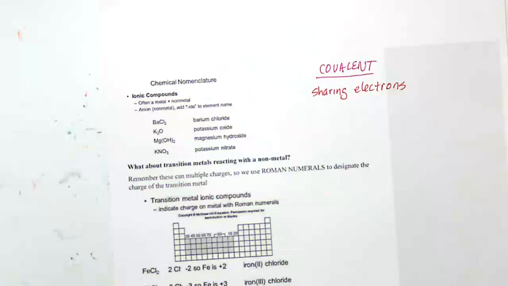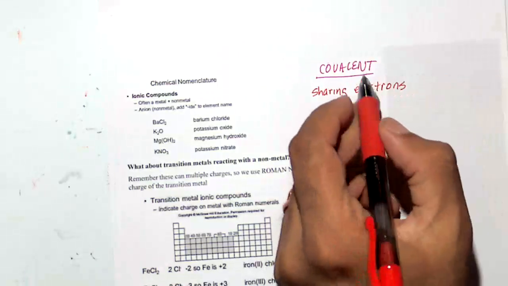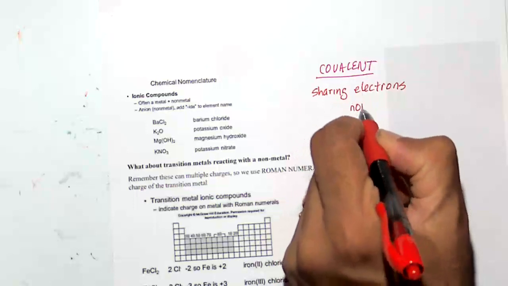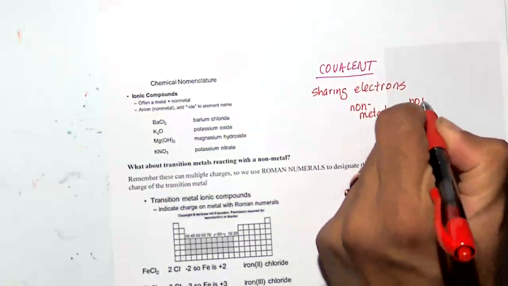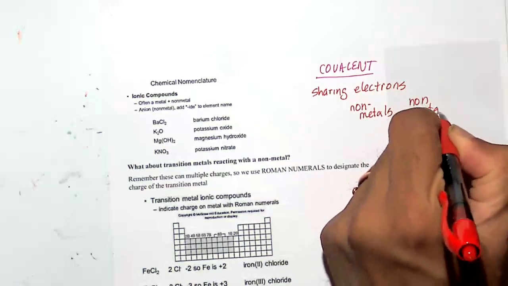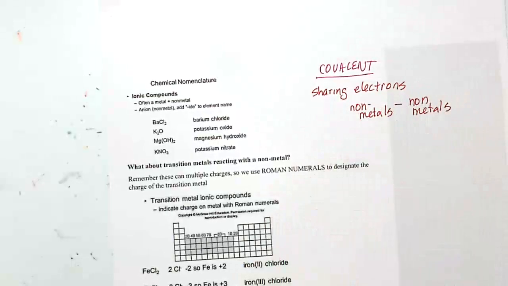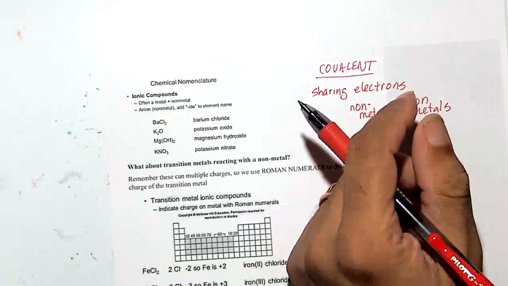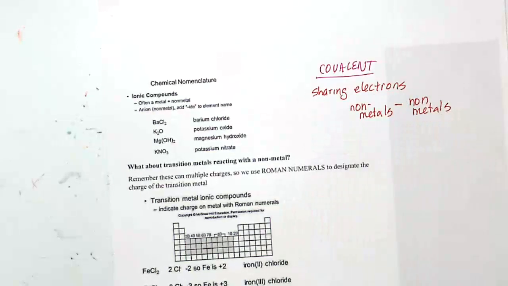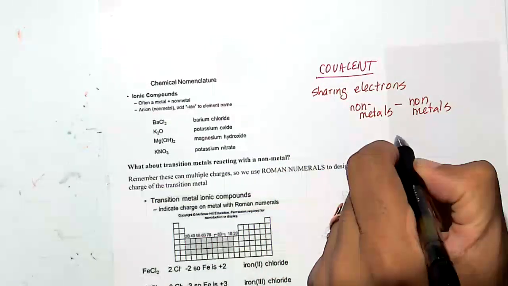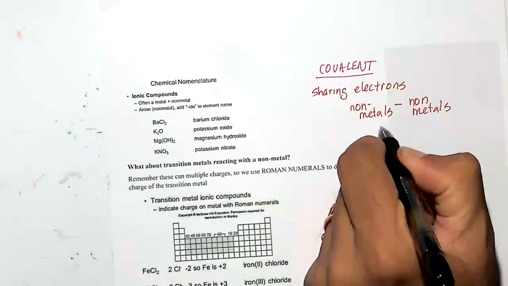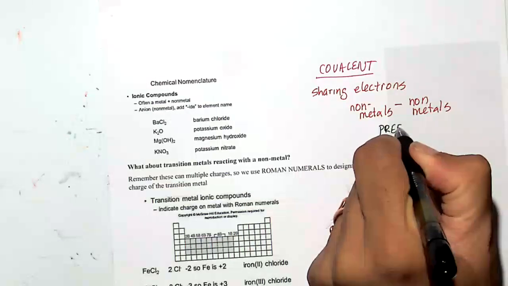It's not sharing. What is it? Giving and taking. Very good. So we're looking here at two nonmetals, nonmetal to nonmetal. How will we name these? We will name these with prefixes. Can anyone tell me the prefixes here?